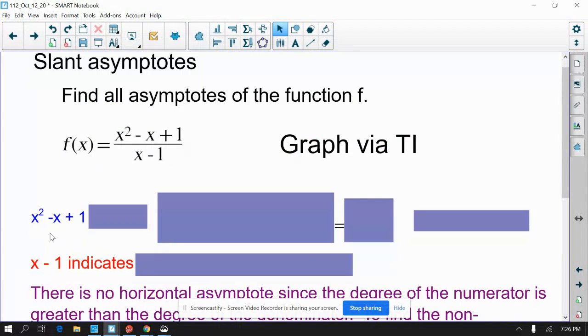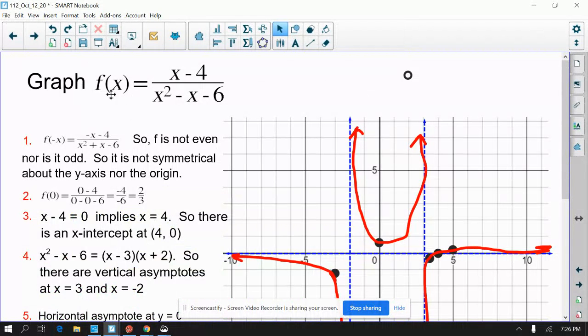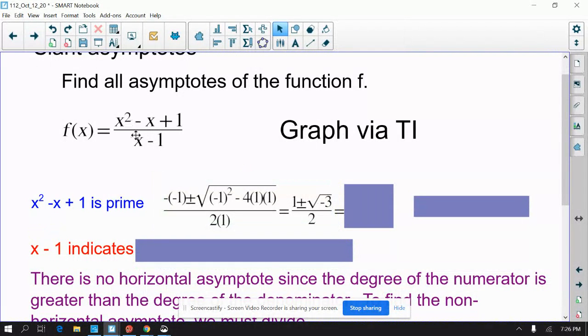First, the numerator, x squared minus x plus 1. It is prime, you can't factor it. But if I set that equal to 0, I would have to do quadratic formula. Since it's prime, I can't factor it. And the opposite of b, plus or minus, yada, yada, you should have that completely memorized. And look at what you get.